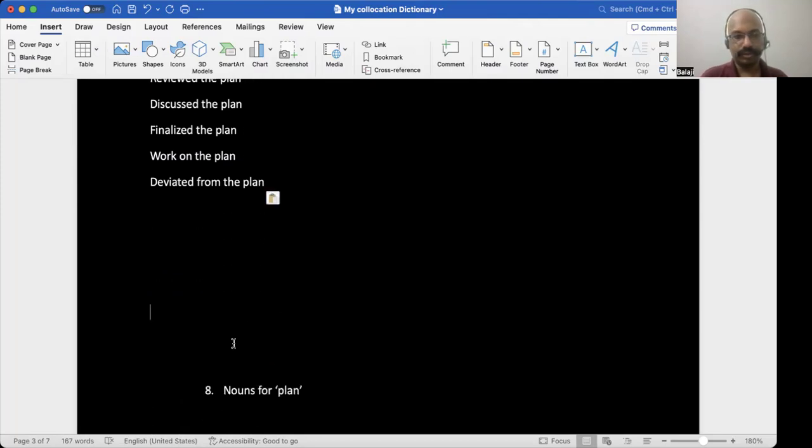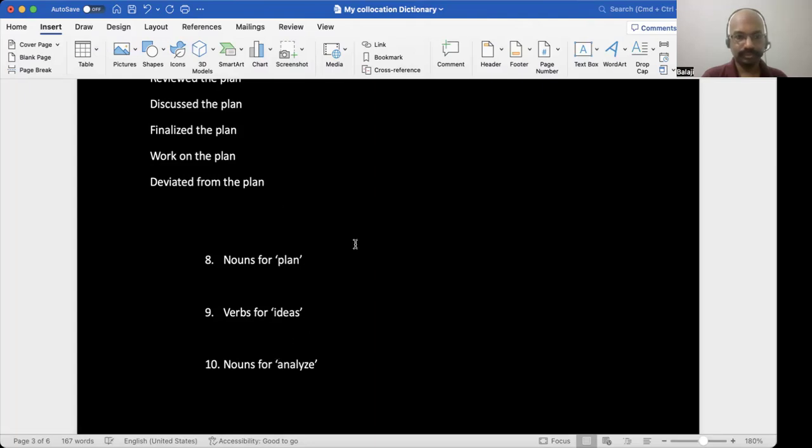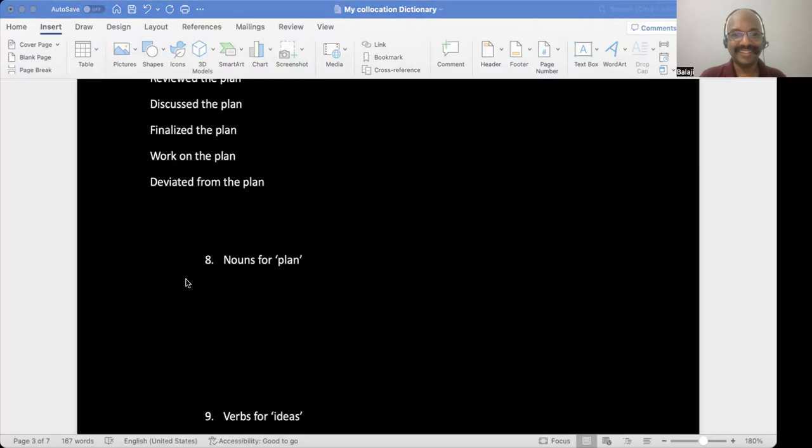Okay, so now let's think about some nouns for the action word plan. So plan can also be an action word, right? I planned the event. I planned the meeting, correct?